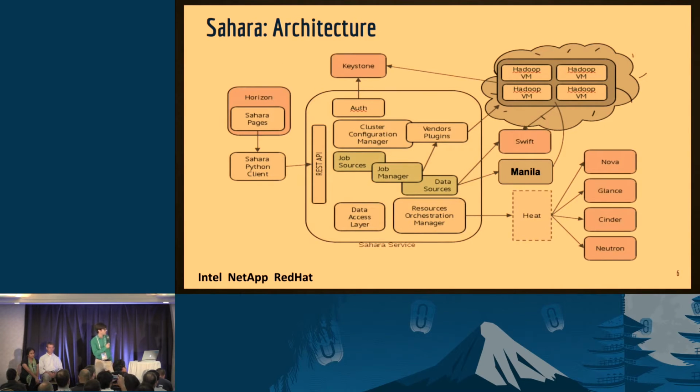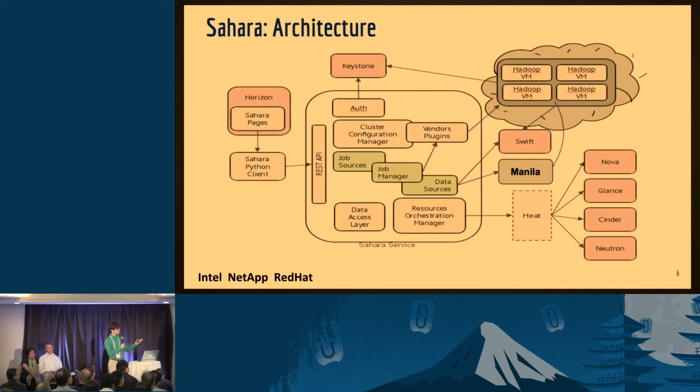And our architecture is fundamentally very similar to most OpenStack services or as-a-service services. Our service itself has a job manager, and first we have a cluster configuration manager, which reaches through our vendor plugins, whether those are native, upstream, vanilla, Spark or Hadoop, Hortonworks, Cloudera, et cetera, reaches out to Heat to provision resources to build your cluster.